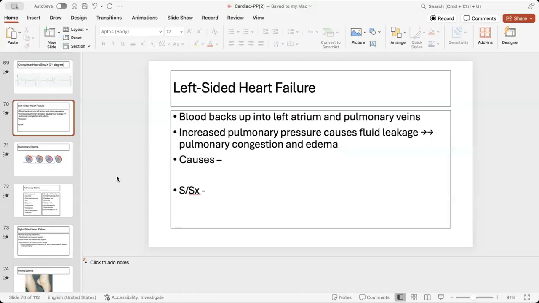Our next thing that we're going to talk about that could be a complication is heart failure. So I'm going to pass out a sheet. I want you to fill in what you remember about left-sided heart failure versus right-sided heart failure. What might be the signs and symptoms that you notice?